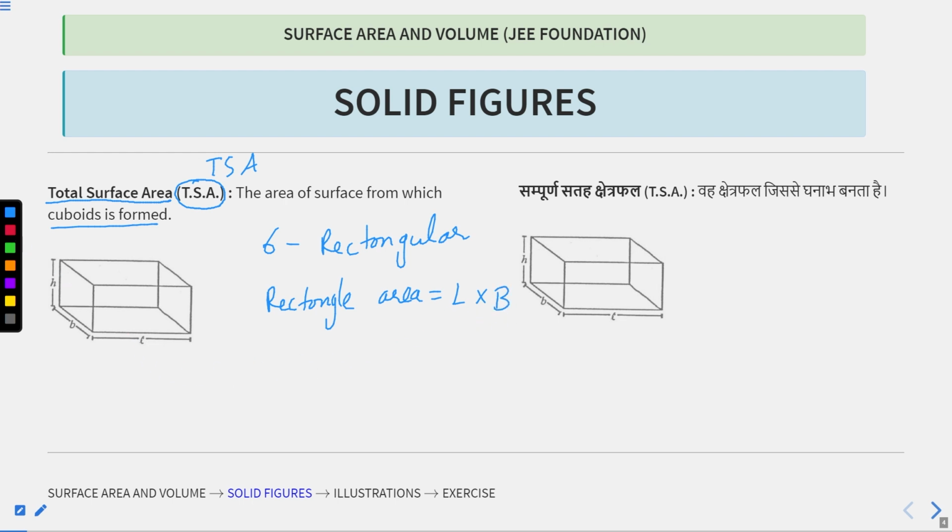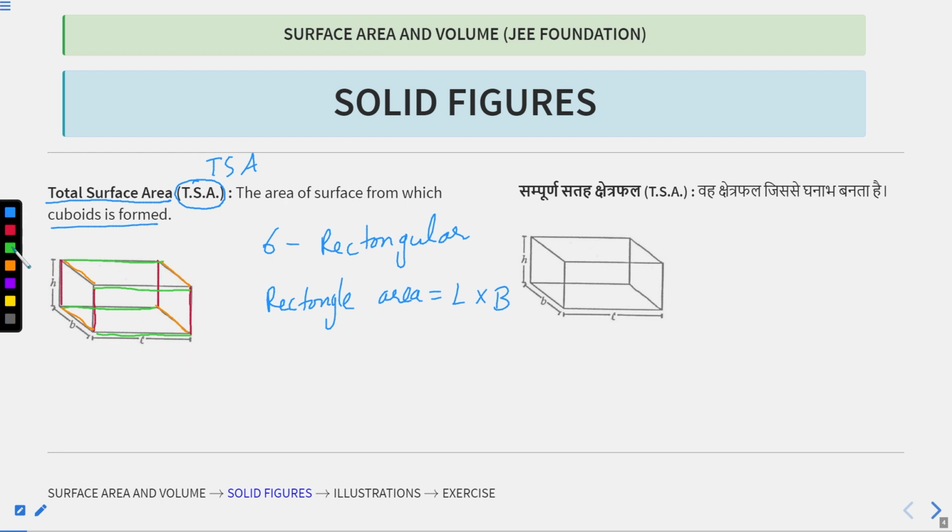If you try to see, we know this height. This height is h, as you are seeing in the image. The red one is h, the green is L, and the orange one is b, the blue.